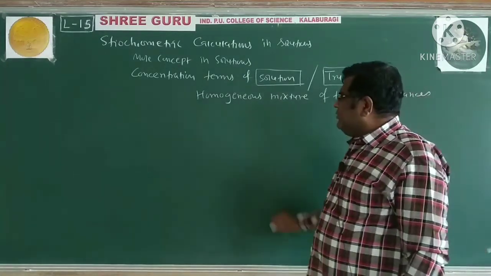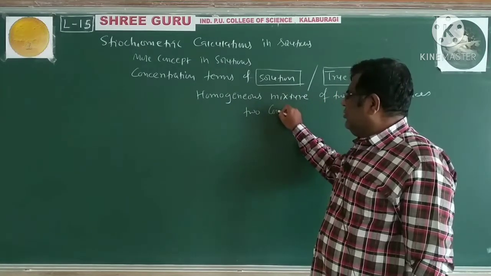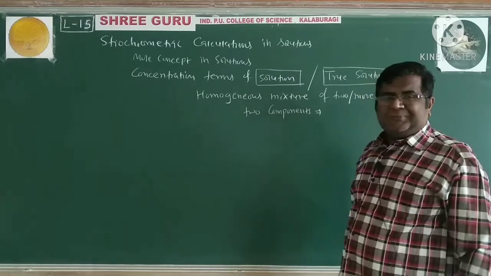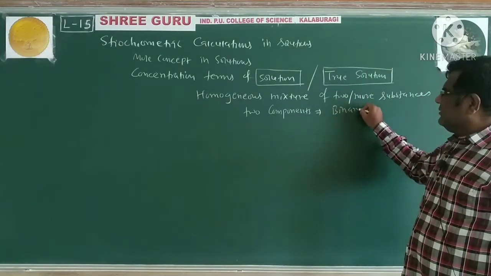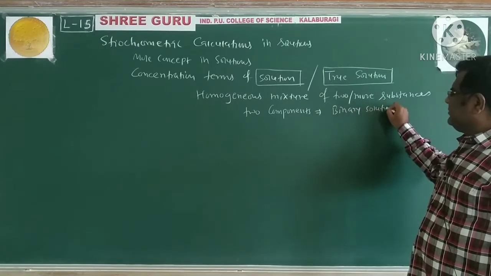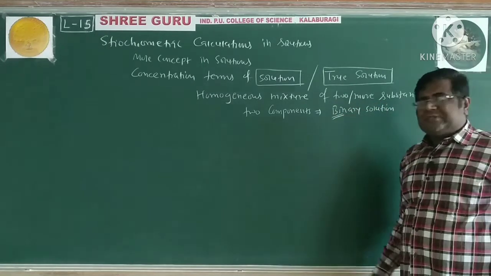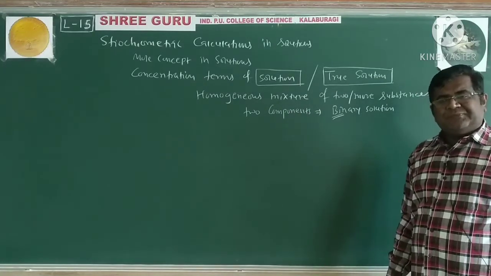If there are two components, that solution is called a binary solution. Bi means two. So a binary solution is a solution which contains two components.